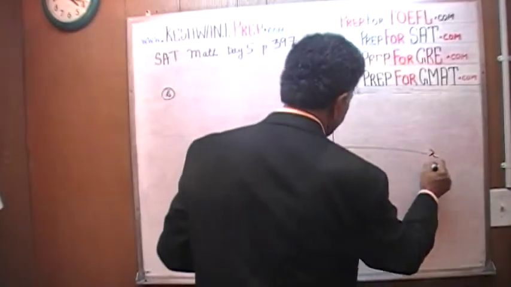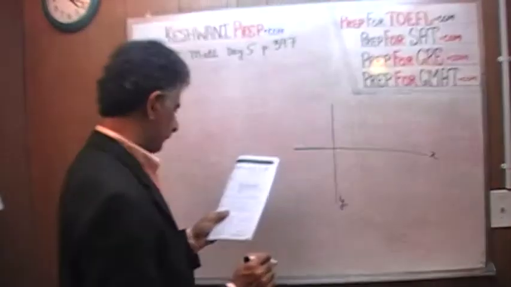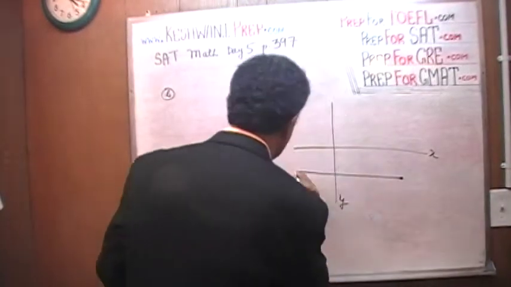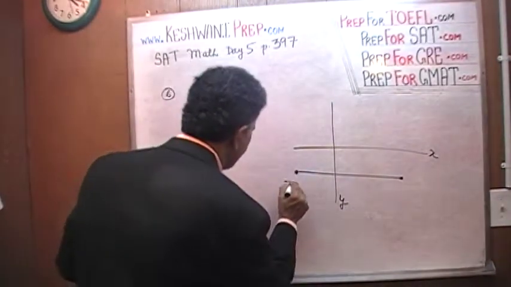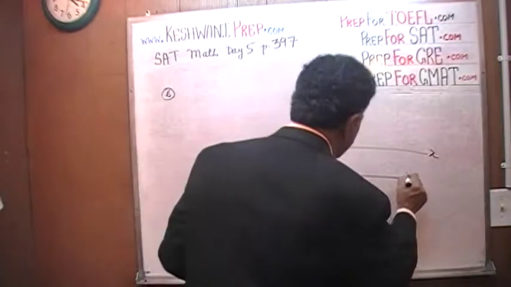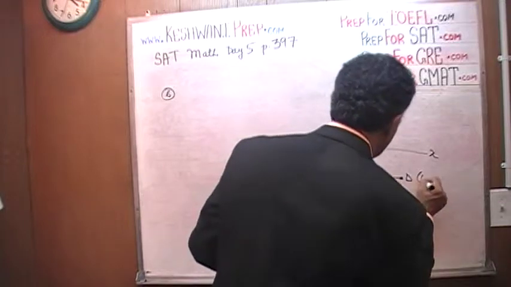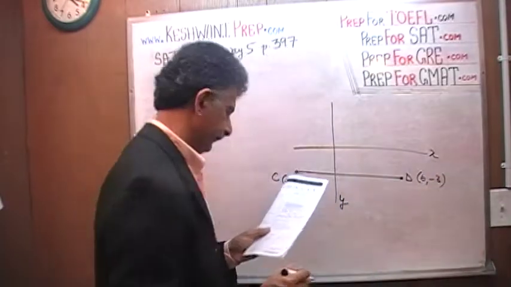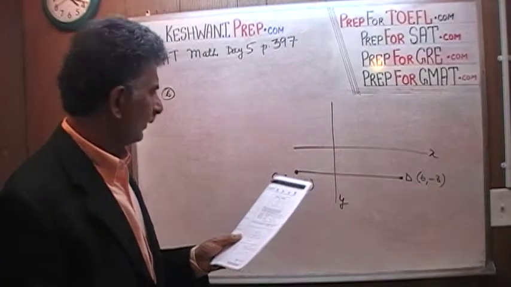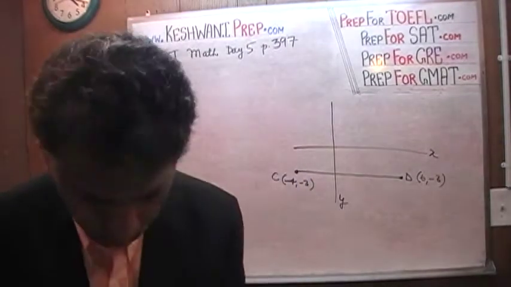Here's your x-axis, here's your y-axis, and then they give you C to D, which goes from -4 to -3. That's your C. And the D goes from 6 to -3, yes, that's right, the y coordinate is -3. And then they give you the vertical line.